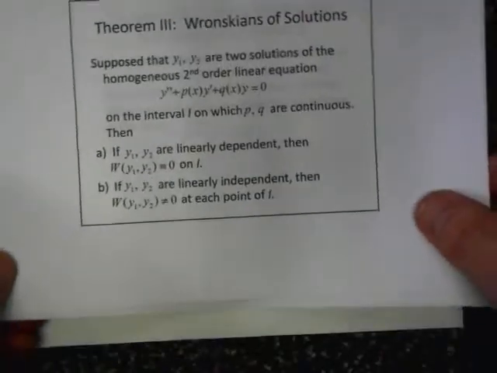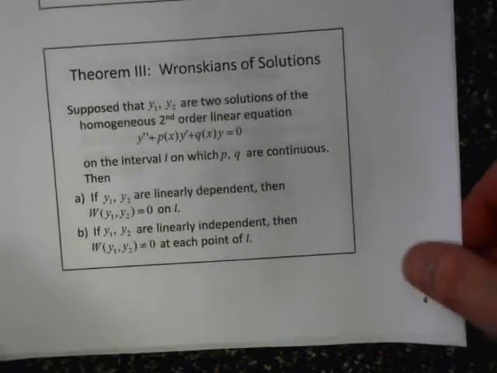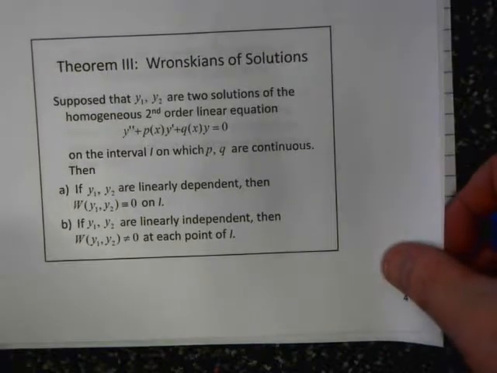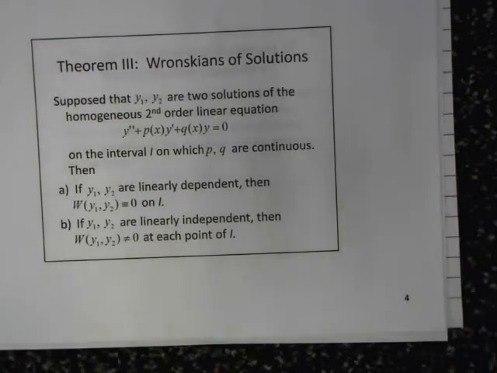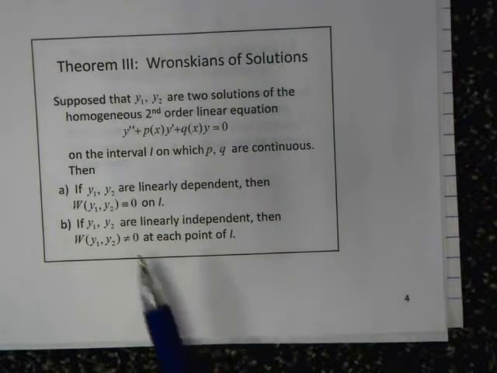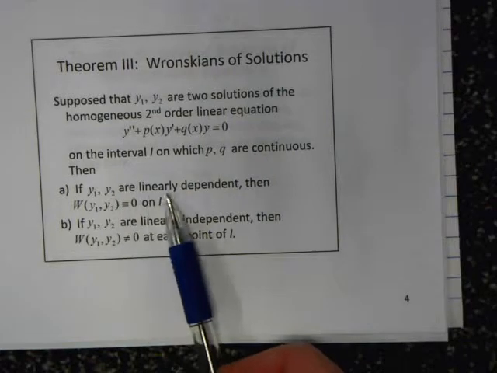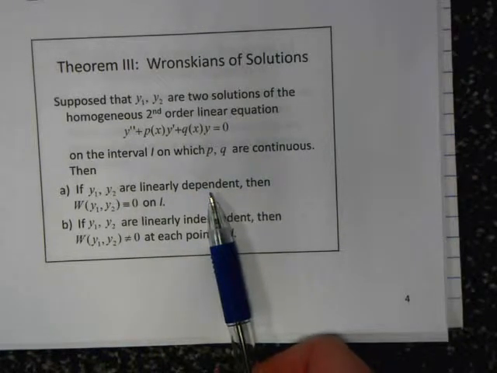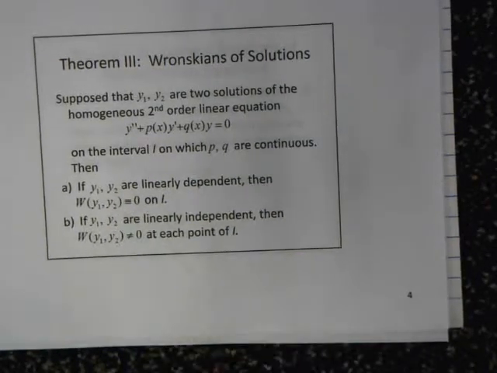All right, so here's where Wronskians come into play. Suppose that y1 and y2 are two solutions to a homogeneous second-order differential equation on the interval on which p and q are continuous. If y1 and y2 are linearly dependent, then the Wronskian will be 0.